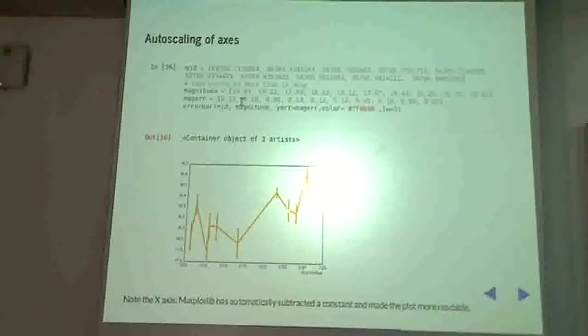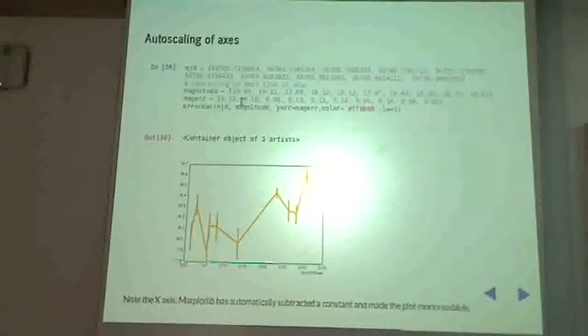MJD is plotted along the x-axis and the magnitude is plotted along the y-axis. And here, as I said, I have given an RGB tuple as the color. So I can change those numbers and I can get absolutely any color that I want by changing these values. And I wanted the line width to be a little thick, so I said line width equal to 3.